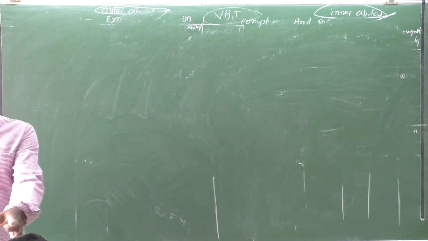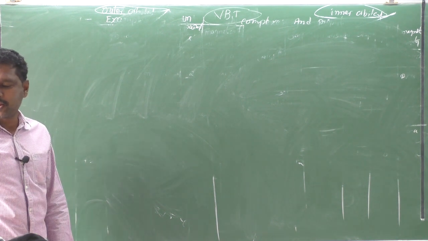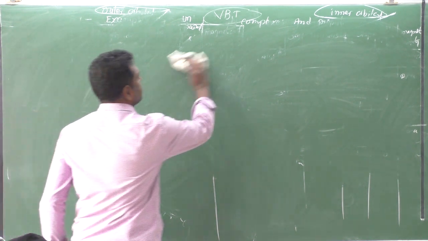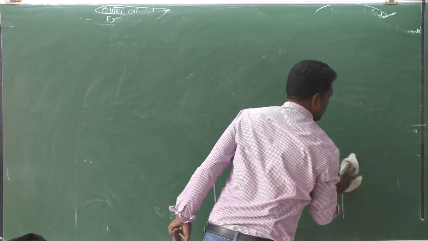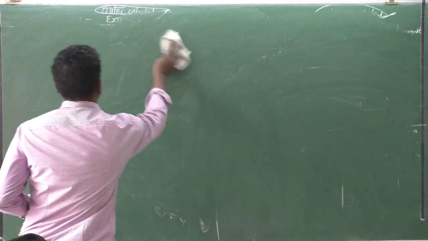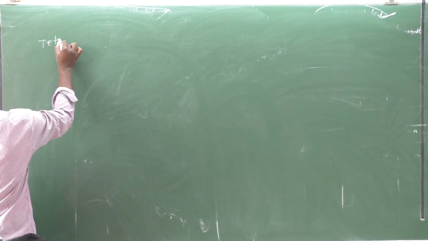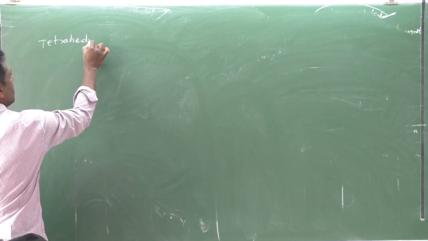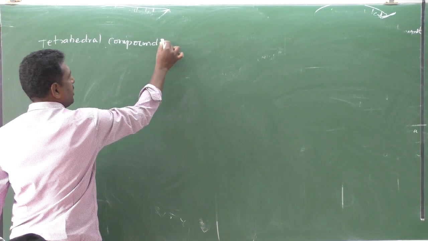After that, we are taking a few examples for square planar and tetrahedral complexes. I will give an example for tetrahedral compounds.